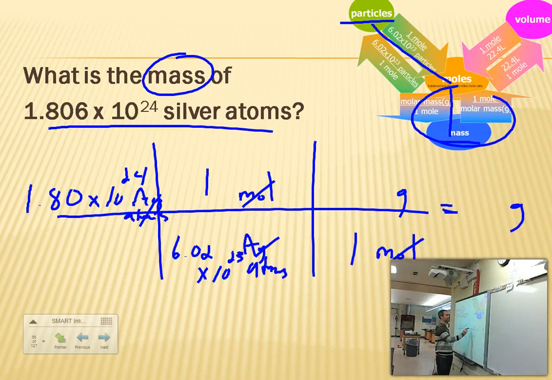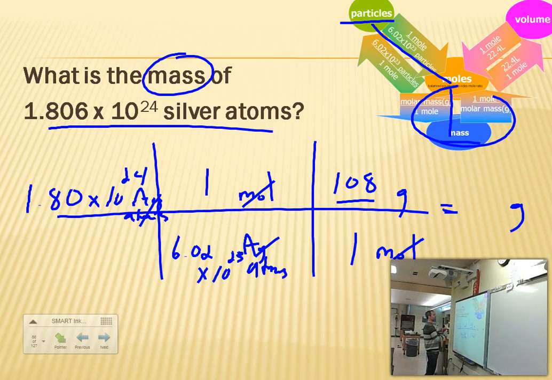So 1 mole is how many grams? That's what I'm going to have to look up on the periodic table. In this case, it's a little bit easy, but if it was a compound, I might have to add up the individual masses, and that would be a little bit more work. But if I look on my periodic table, silver has a mass, if I round it, of 108 grams, okay? And so now I'm ready to simplify, okay?